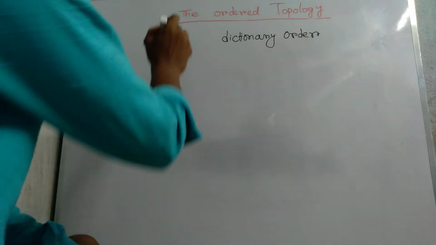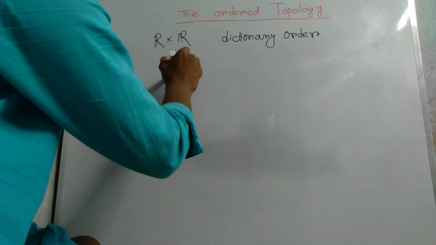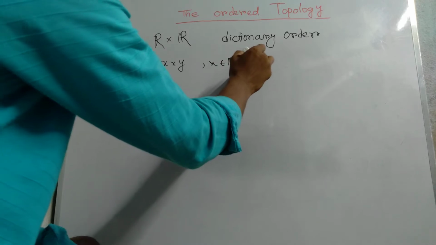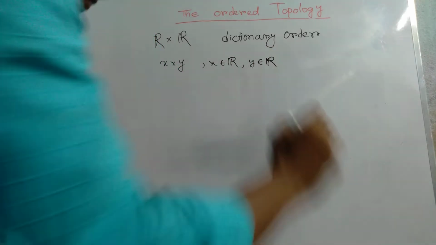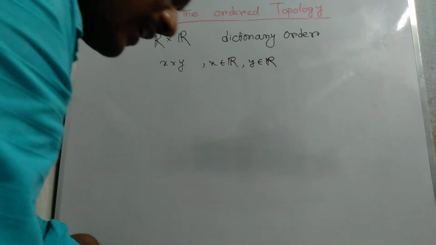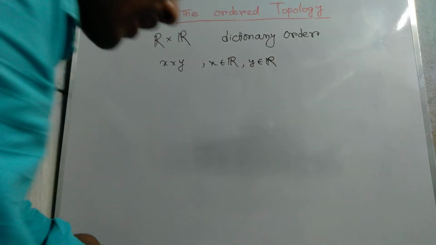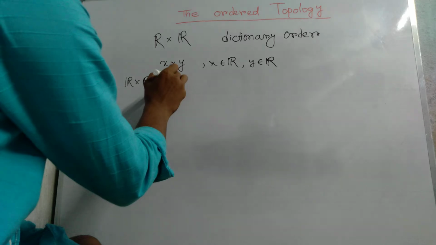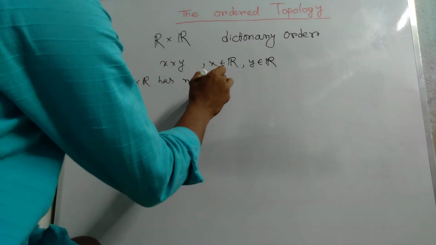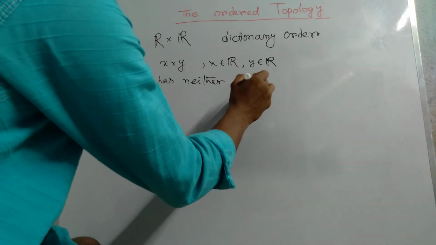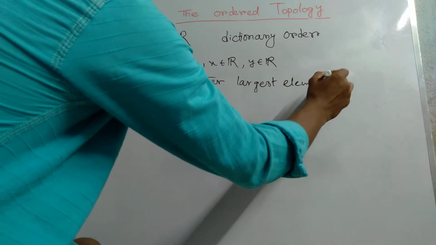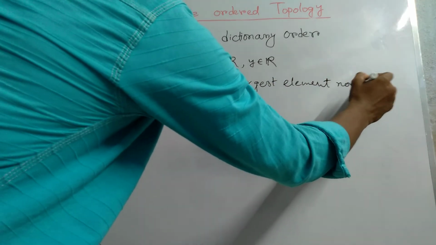That means all elements x × y are elements where x belongs to R and y belongs to R, and R × R has neither a largest nor a smallest element.